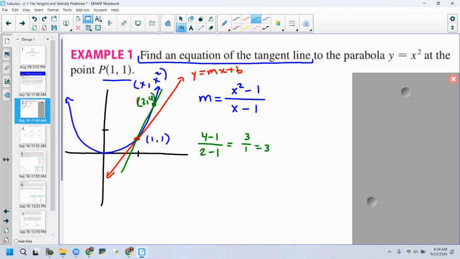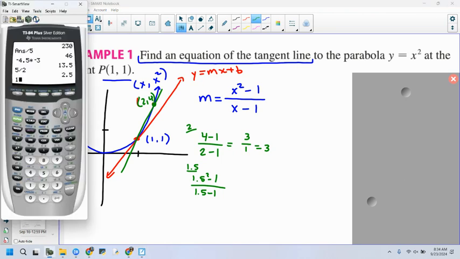So this was 2, maybe we should do 1.5. Let's see what happens. 1.5 squared minus 1 over 1.5 minus 1. 1.5 squared minus 1 divided by, and then 1.5 minus 1 would just be 0.5. 2.5.